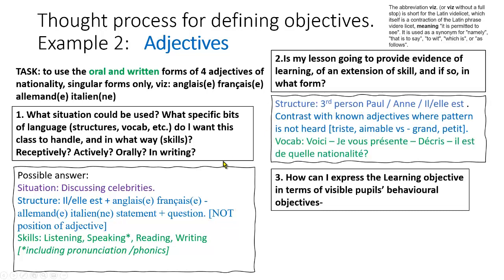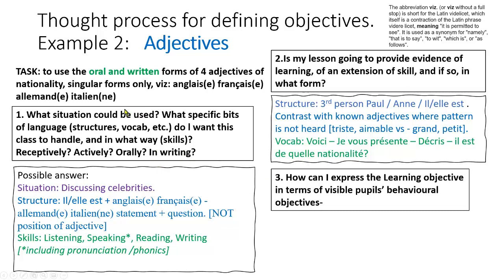What would it be? Well, here I've already thought about the fact that I'm assuming they would already know that third person of Paul and he is. I would imagine I've already taught known adjectives where the pattern is not heard, but here I'm going to be comparing it. And there'd be vocabulary that I would think about from the outset that I'd want to include in this activity.